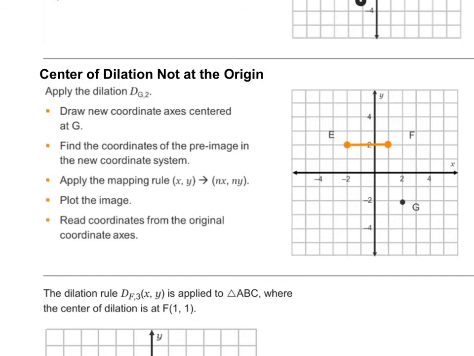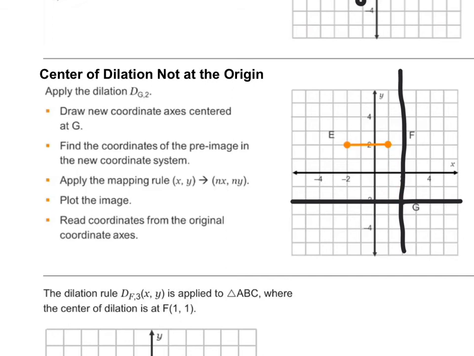So what I'm going to do is draw an axis here and an axis here. Then I want to find the coordinates of the preimage in the new coordinate system. If I think about this as my x-axis and this is my y-axis, then I've gone over 1 and gone up 4.